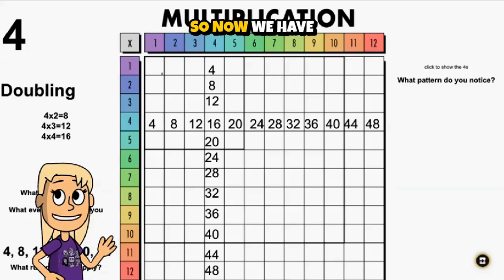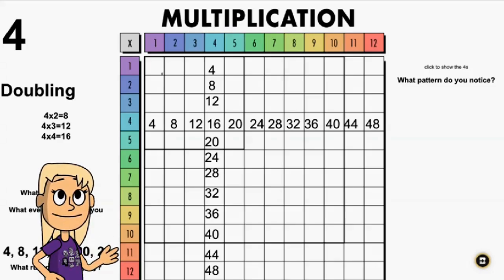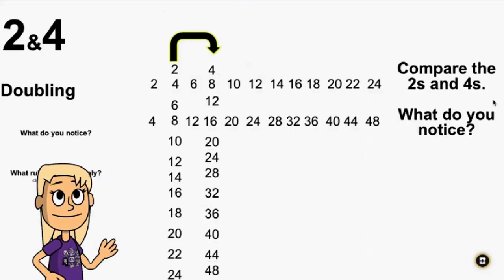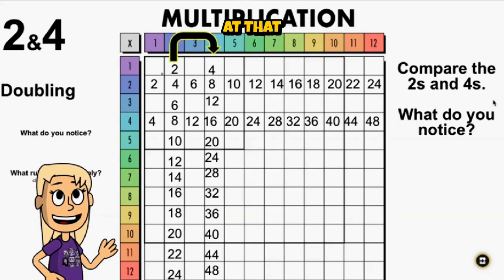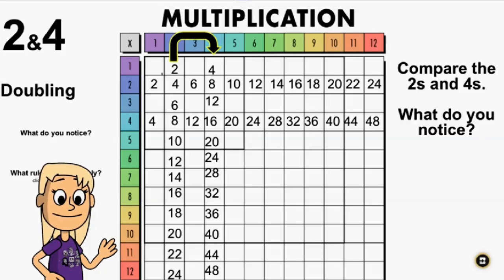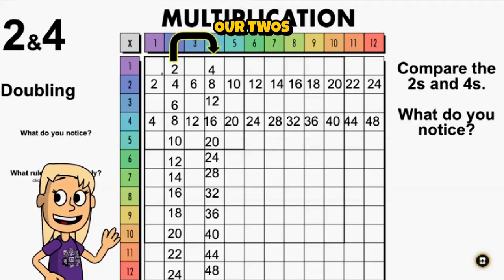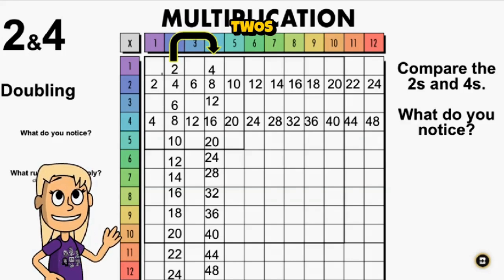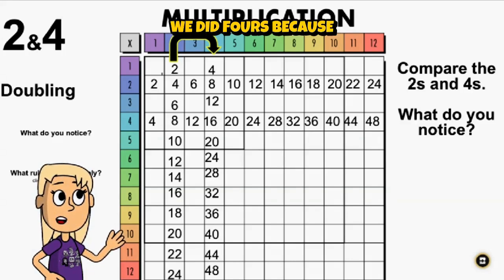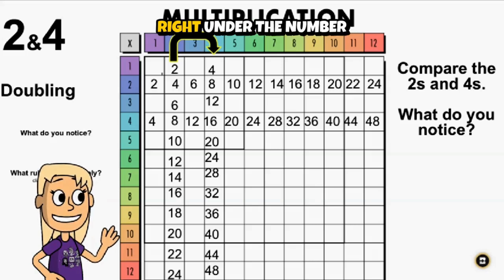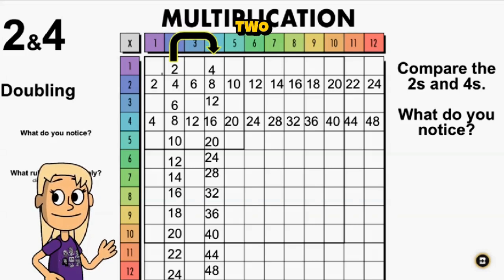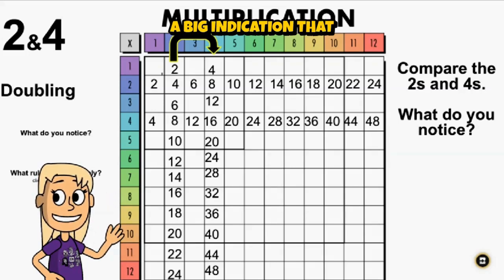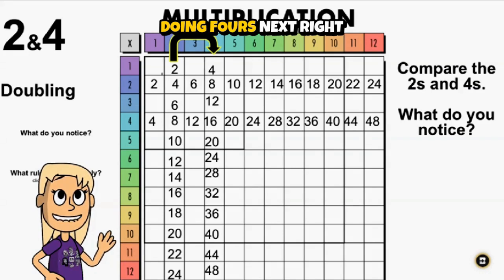Okay, so now we have our 4s, and we're going to be working on our 8s, right? Let's take a look at that. We've done all of our 2s, and we know that when we doubled our 2s, we did 4s, because you can see that right under the number 2 is a 4, and that's a big indication that we're going to be doing 4s next, right?